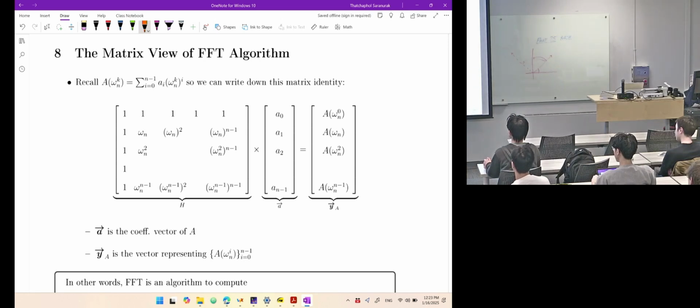So recall how A evaluated at this point looks like. It's just the sum here. So what we can do is write down this equation.